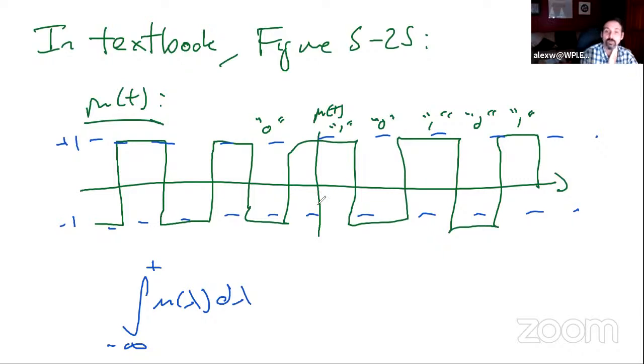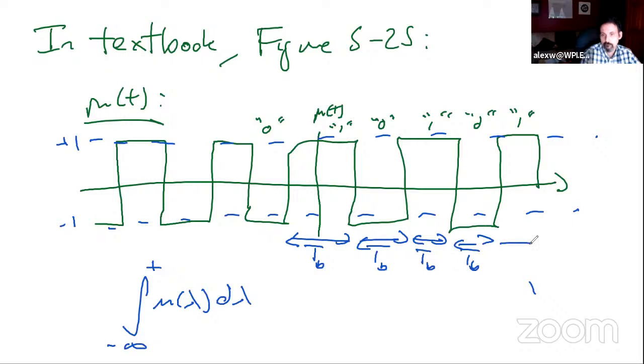So what would this look like if I take this function? First of all, we would have here TB. Remember, if it's binary, TB is equal to TS, the symbol period. What would this be?